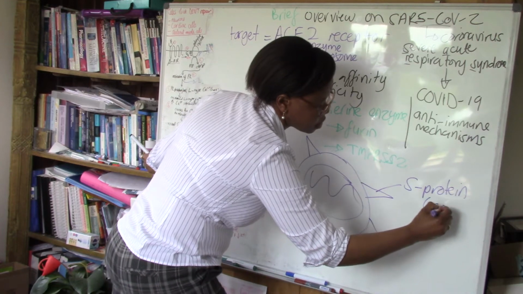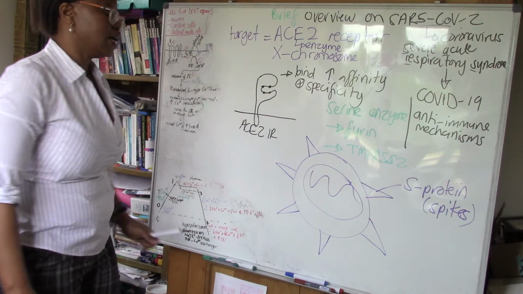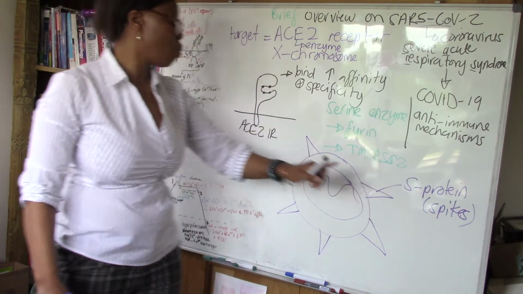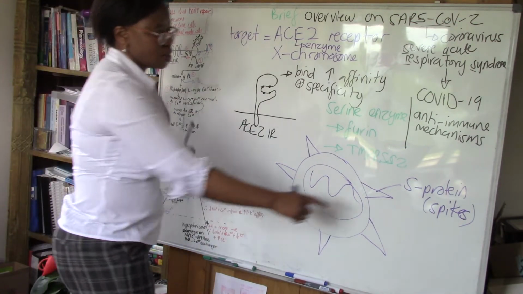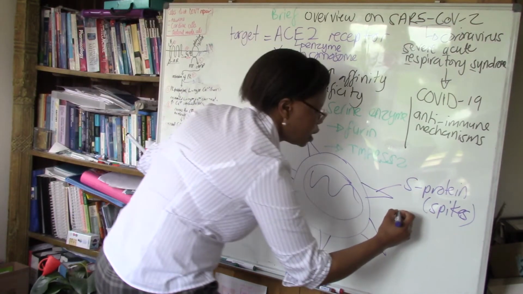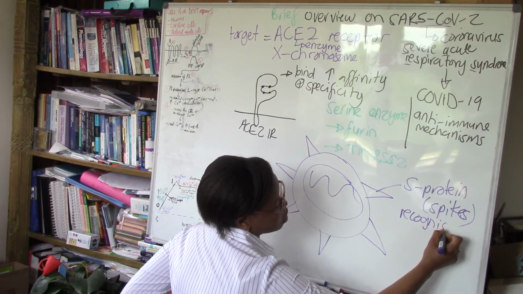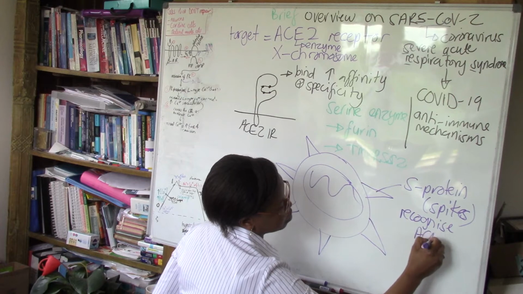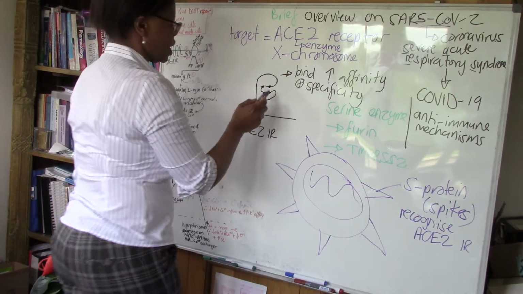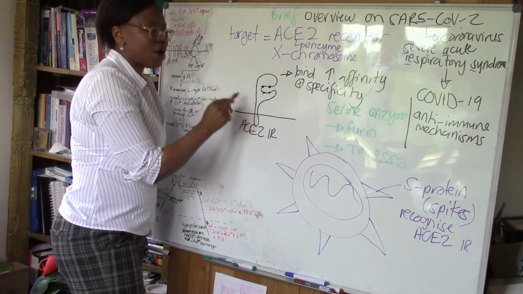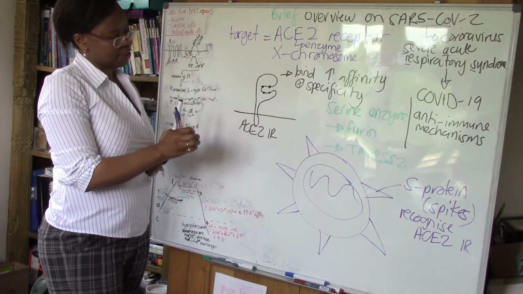The spikes are just made of a glycoprotein, really. And these spikes are what recognize the ACE2 receptor. So the spike will recognize, and again it recognizes some specific amino acids, which cause it to bind quite efficiently.